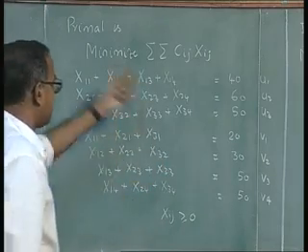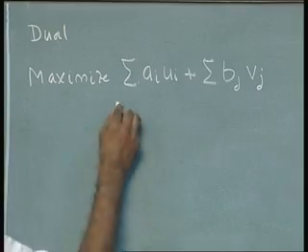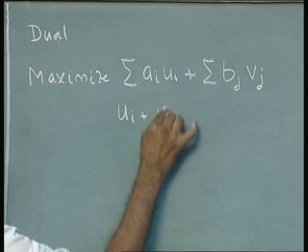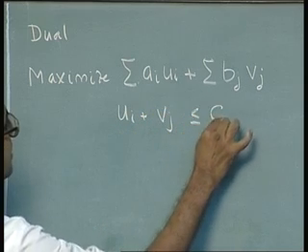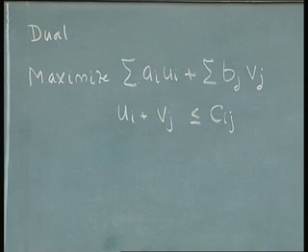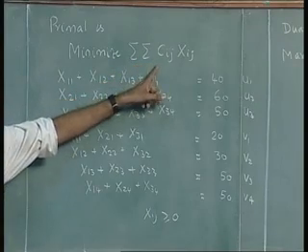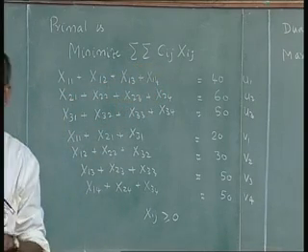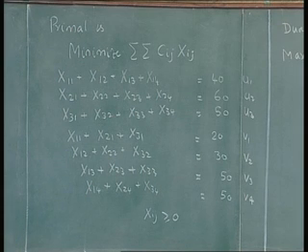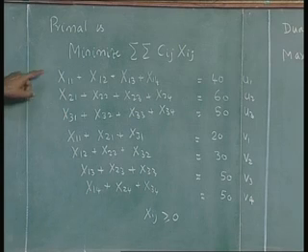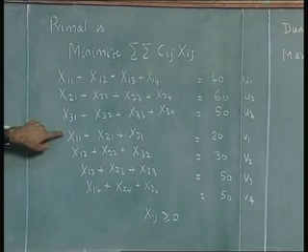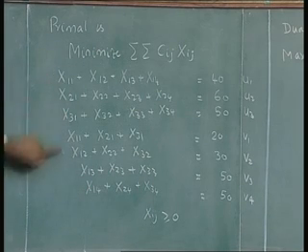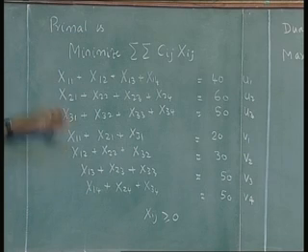So for a corresponding xij, you will have ui plus vj less than or equal to Cij from the objective function. So we will have as many dual constraints as the number of primal variables. We have 12 primal variables, so we will have 12 dual constraints, which will be u1 plus v1 less than or equal to c11, u1 plus v2 less than or equal to c12, and so on.